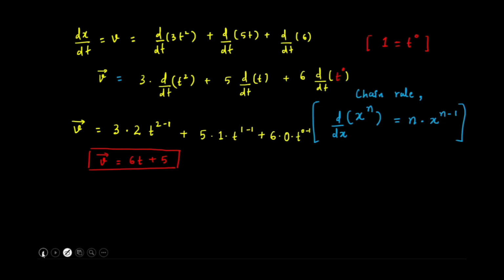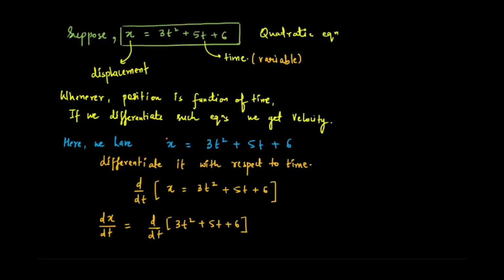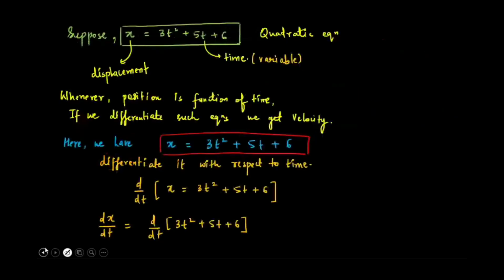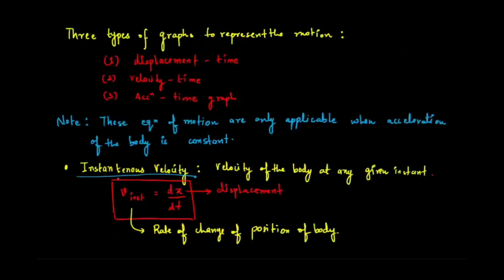Now, again, we have the displacement of the particle, which is a function of time, as 3t square plus 5t plus 6. In order to find the velocity from this particular equation, we have to differentiate it. So after differentiating it, we got 6t plus 5. This is what velocity is. This is how instantaneous velocity can be calculated.